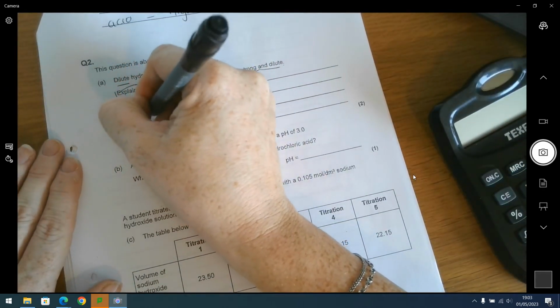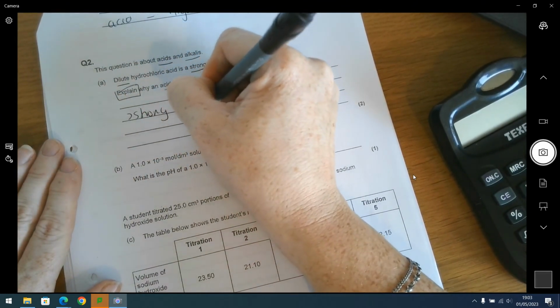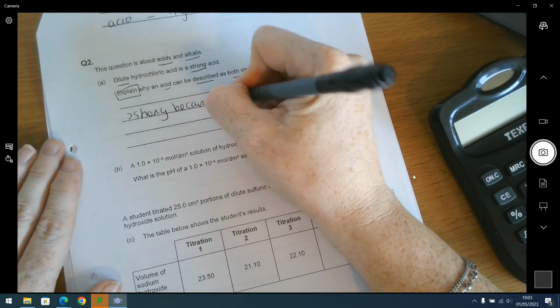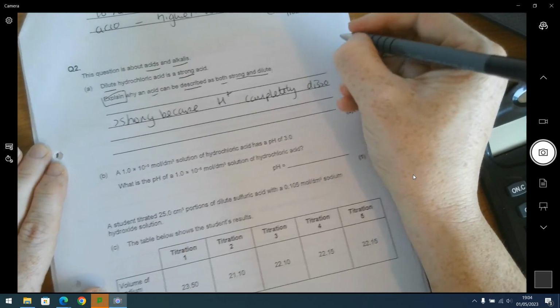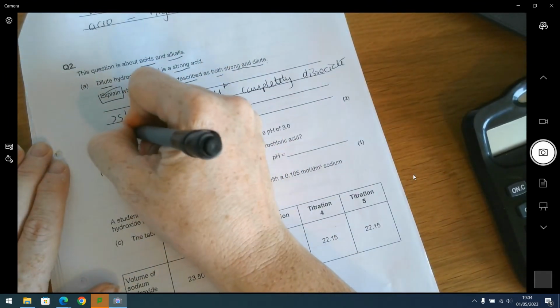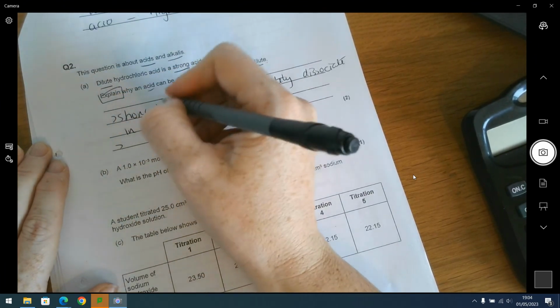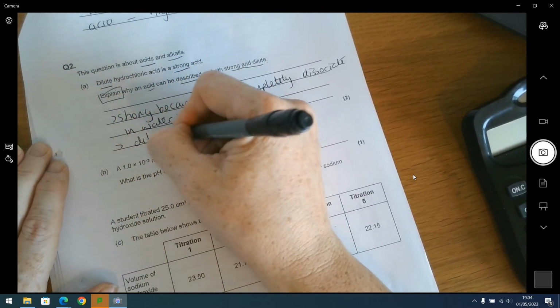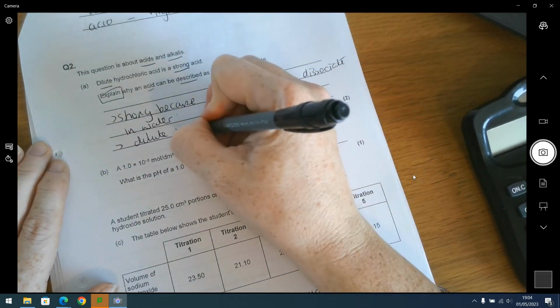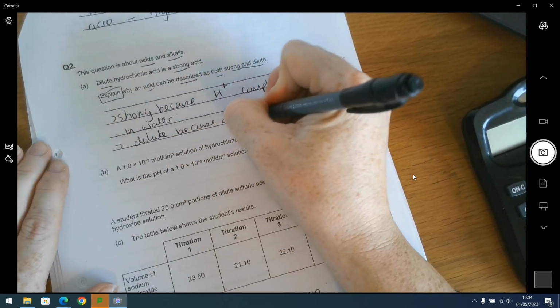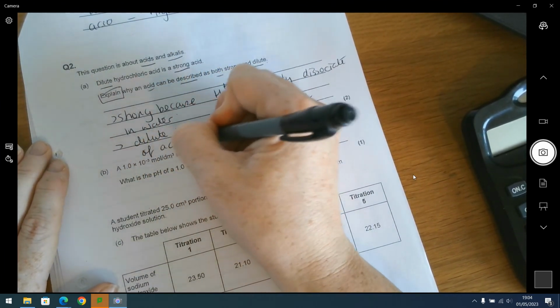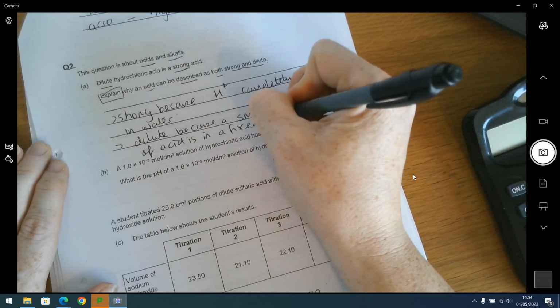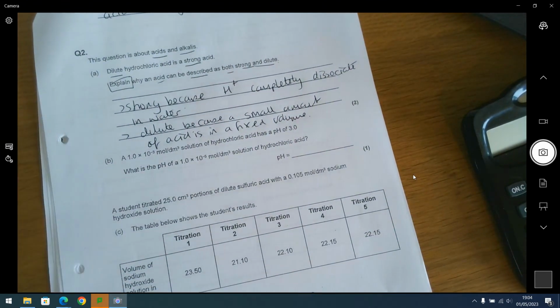So it's strong, remember, because hydrogen ions completely dissociate in water, and it can be dilute because a small amount of acid is in the fixed volume. So like I said before, the examiner is essentially working out whether you know what a strong acid is.